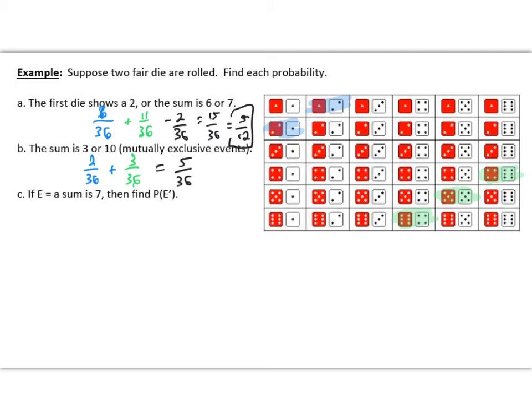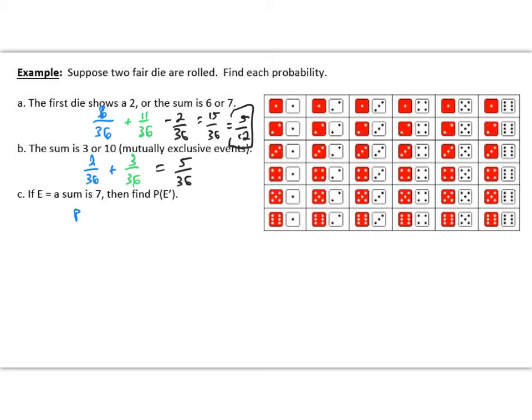All right, now let's talk a little bit about finding the probability of not rolling a 7. Once again, it might be a little easier if we found the probability of rolling a 7 first and then worked our way back from there.